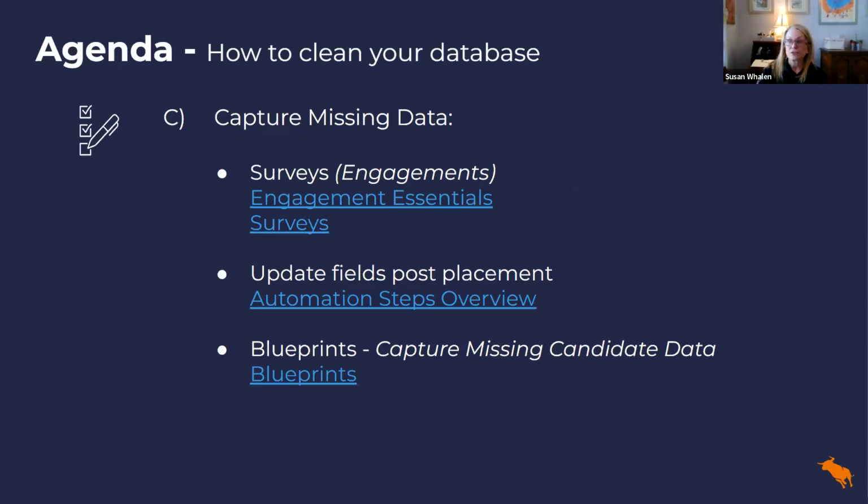So under your engagements menu, and engagements refers to either surveys, or if you have Enterprise Edition, chats, which can be in and of themselves surveys. But you can use surveys, send them in an automation via text or via email to those contacts, and ask them to remediate that missing or erroneous information for you.